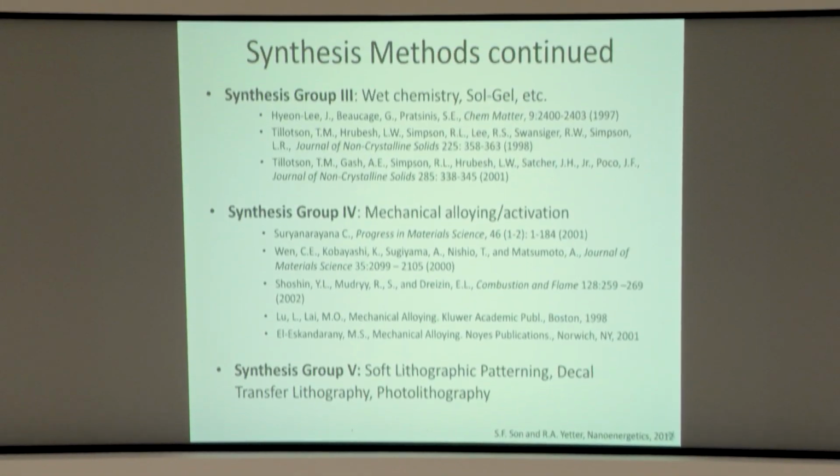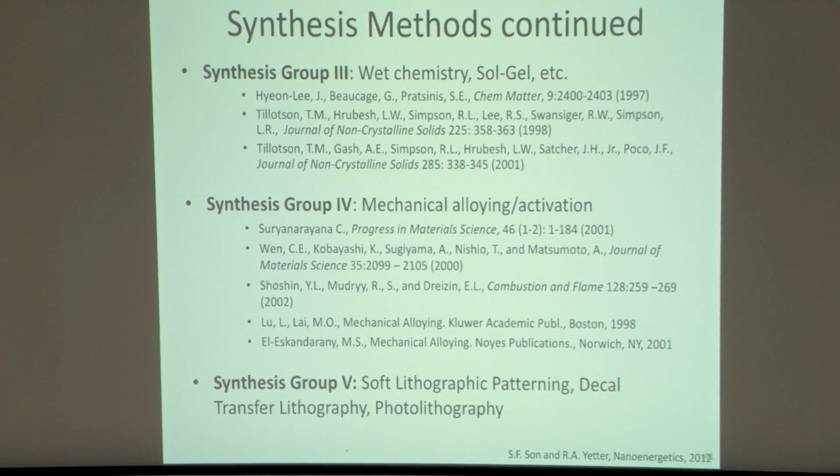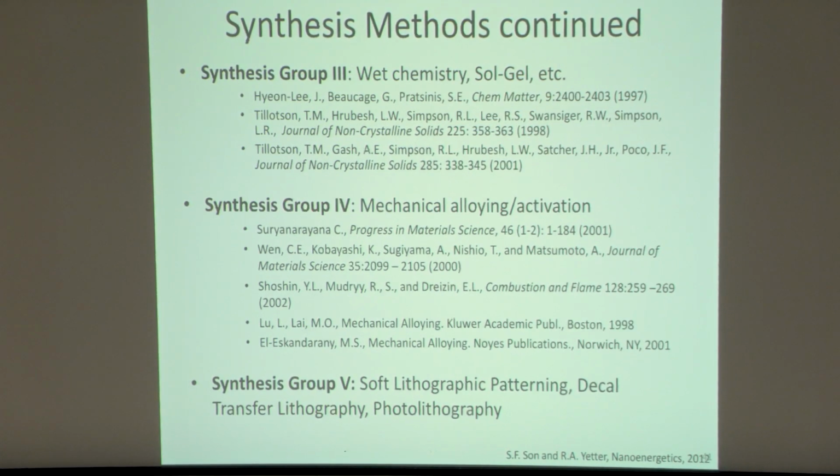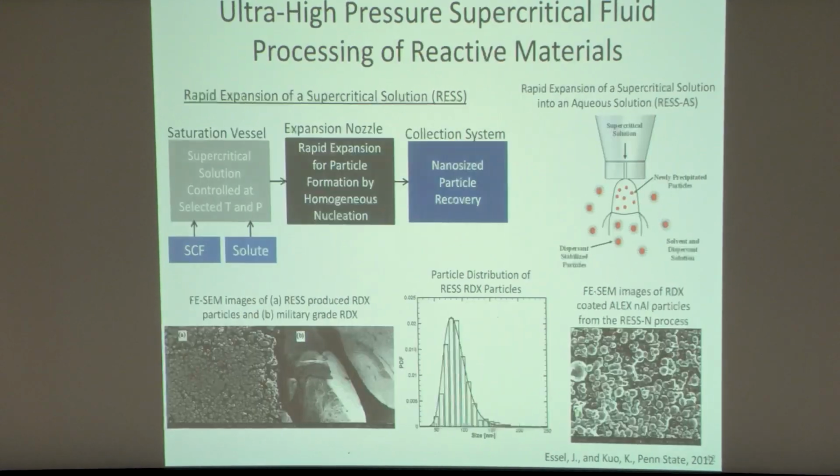And group 5 is one that's still growing and being looked at, using lithographic patterning techniques of various forms, and eventually incorporating that sort of process into a 3D printing system.